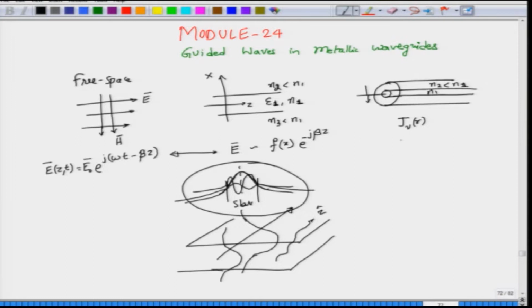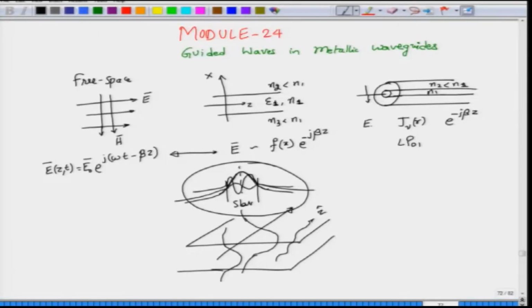So, in the fundamental case which we said in the weak guiding approximation, you are going to get something called linearly polarized modes. In this case you had LP01 or LP11, these are the different orders of the modes, and the mode structure was getting more and more complicated, right. In fact, the basic difference between this integrated optical structure that we saw and this one is not only that you have the mode function which is different from the previous mode functions, like f of x becoming J nu of r.